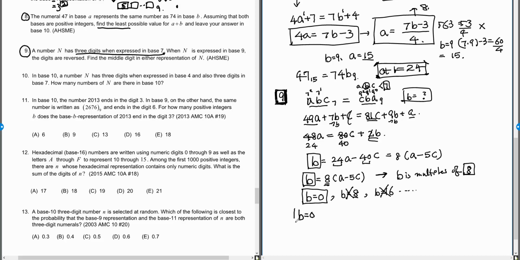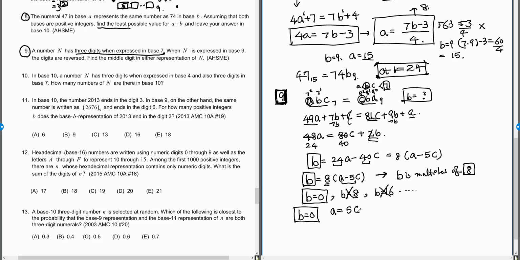Now from here, this is 0, so this one should be equal to 0, right? So you can find 3A equals 5C. They said 3-digit number, so A cannot be 0 and C cannot be 0, right?